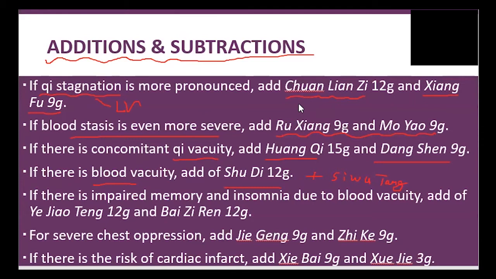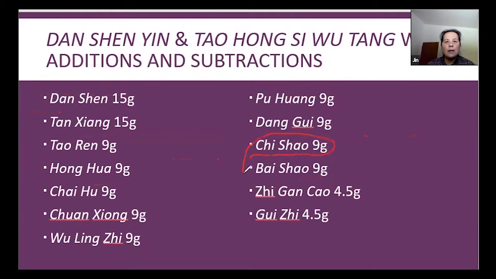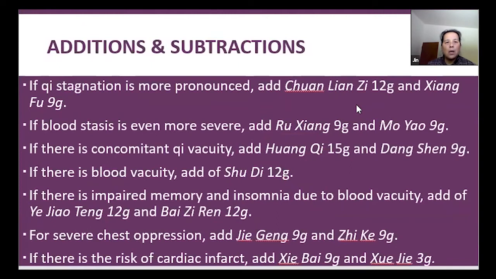But we already have some of these herbs in the original formula, so we only add Shu Di. Dang Gui, Chi Shao and Bai Shao are different herbs, but their functions are pretty similar. Here they use both Chi Shao and Bai Shao. Chi Shao more clears heat, but it still tonifies blood. Bai Shao more tonifies blood. So sometimes we use them together.